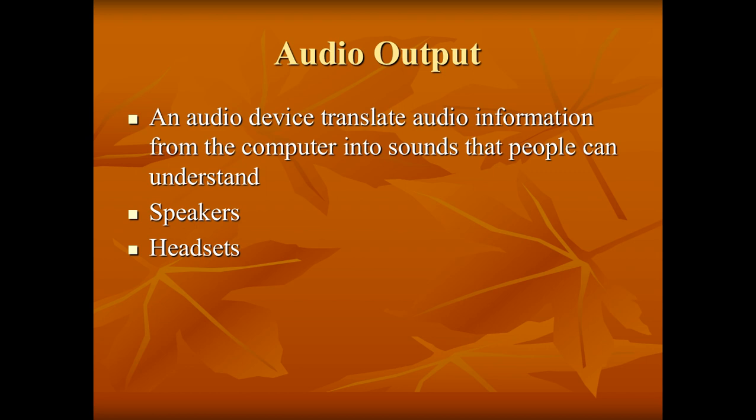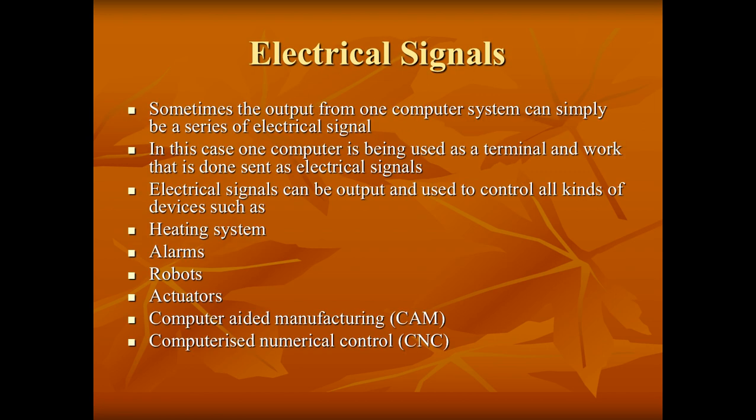Now, electrical signals can be output and used to control all kinds of devices such as heating systems, alarms, robots, calculators, computer aided manufacturing, CAM, and computerized numerical control, CNC. Now, control devices. Computer control devices, robots. A typical computer control device uses computer aided manufacturing as a robot arm.